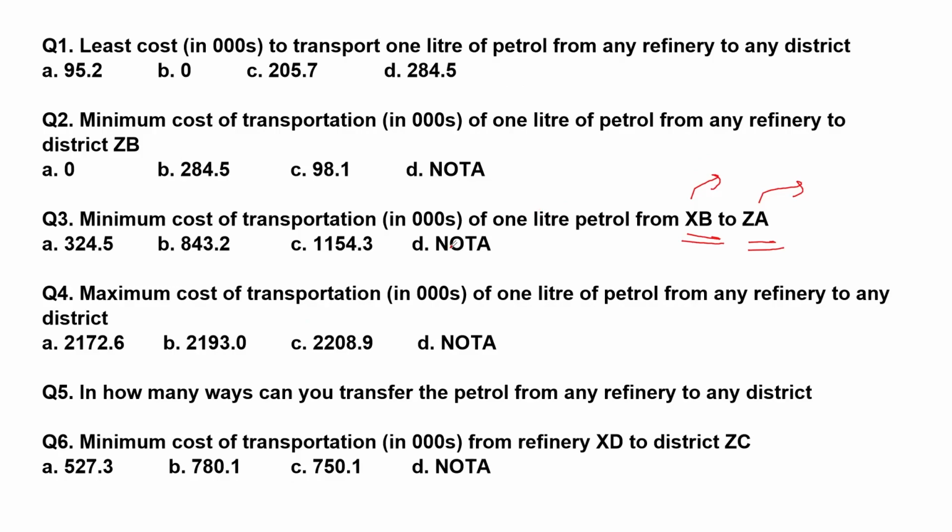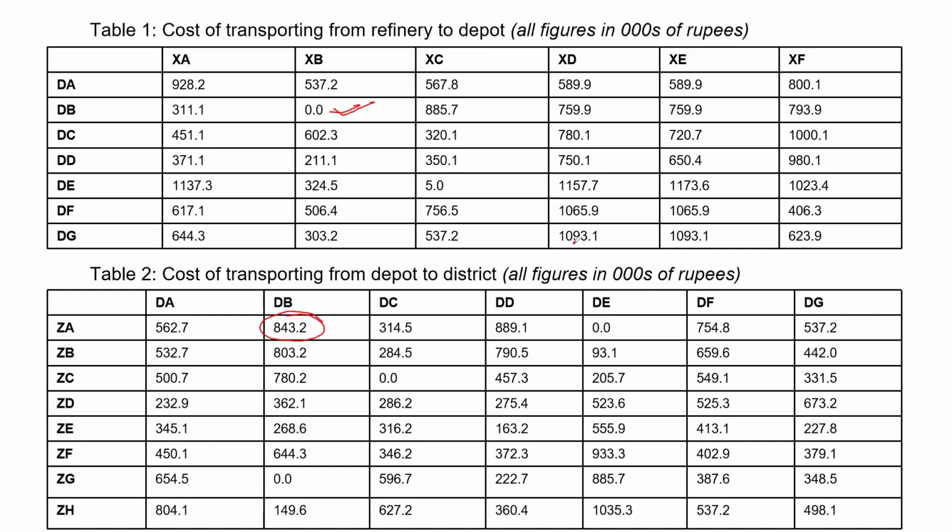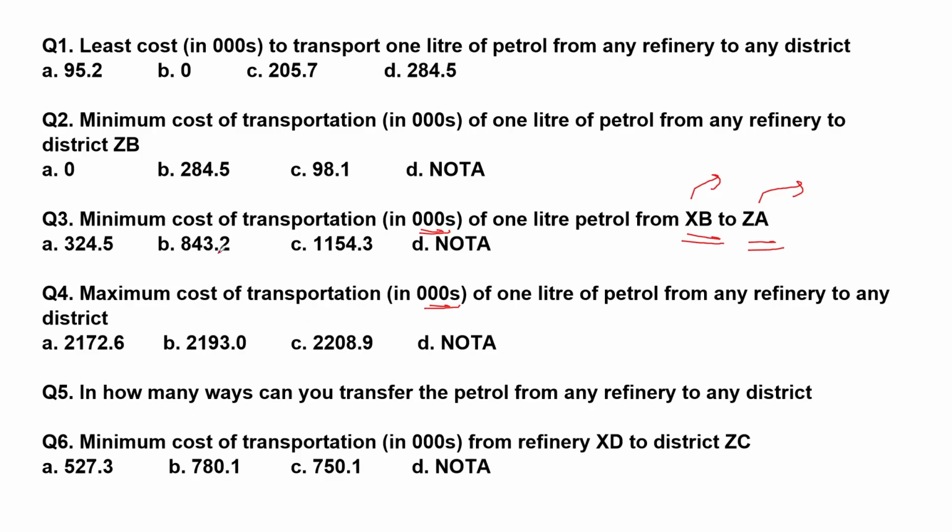I am not taking thousands into account because every question has thousands mentioned. So in these options, 1000 is already present. So that is why I am not speaking 1000 again and again. So 843. So the total cost will be 0 plus 843.2. It means the answer is B. But this is wrong. This is incorrect. Why?